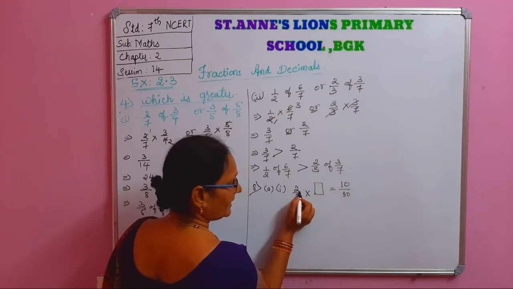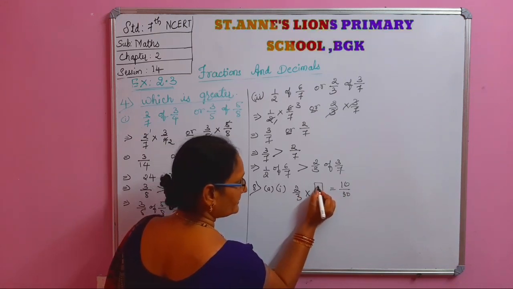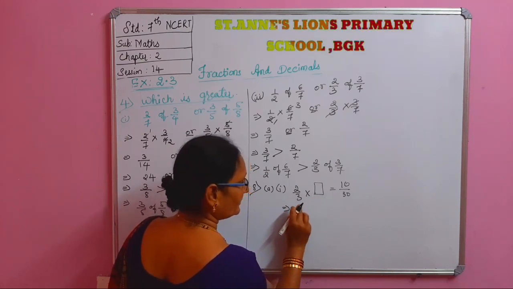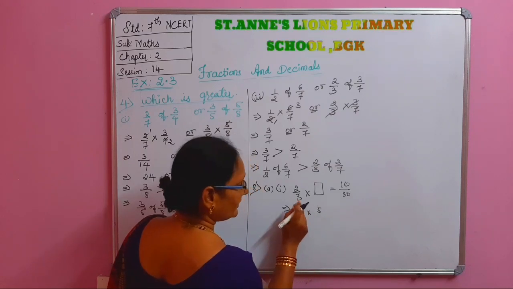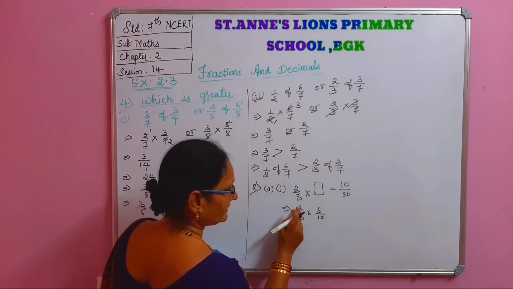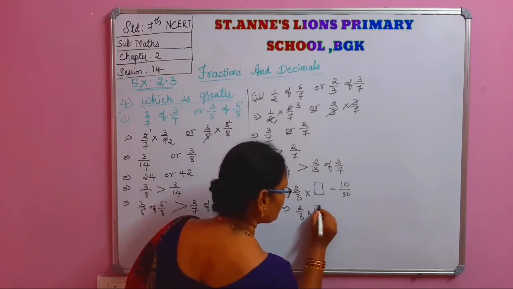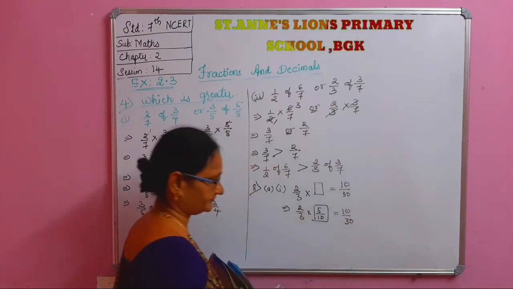With what number do I have to multiply 2 to get 10? 5 2s are 10. Then this implies 2 by 3 into 5. Here with what number do I have to multiply 3 to get 30? 10. 5 by 10. 2 5s are 10, 3 10s are 30. So this is what is in the box, 10 by 30.